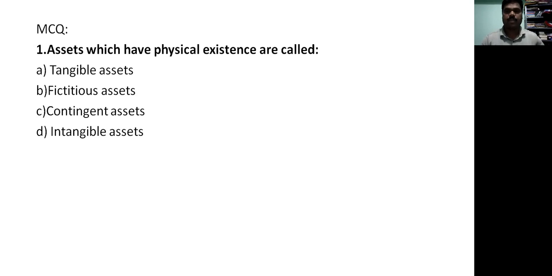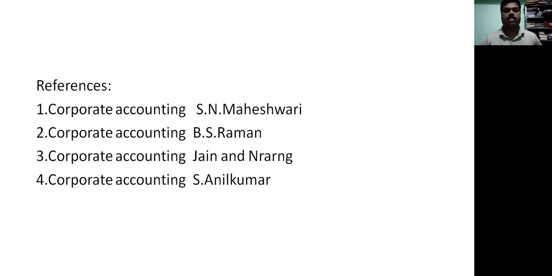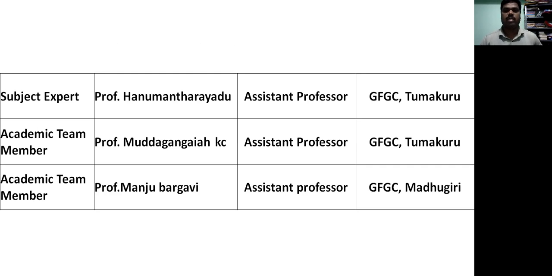And for this, the same references are there. You can go through that. The remaining illustrations are all based on preparation of balance sheet and income statement with the new adjustments. Let's go for the next session. Thank you.